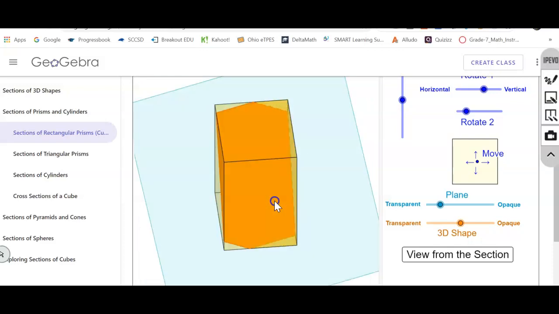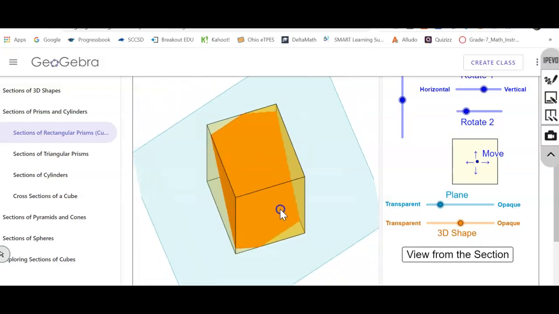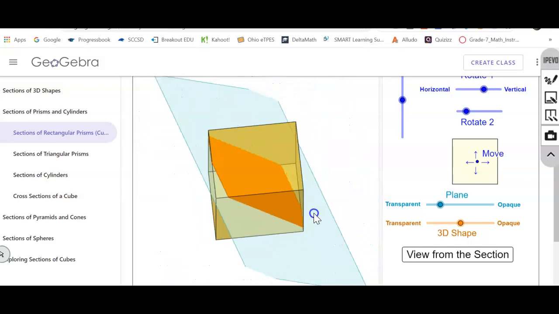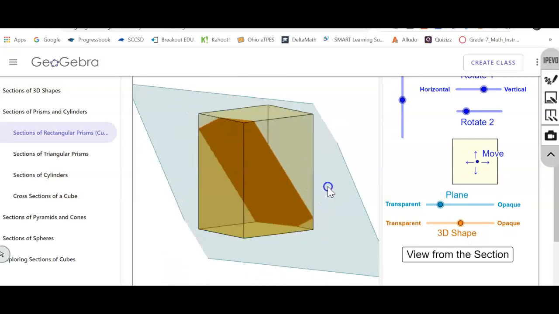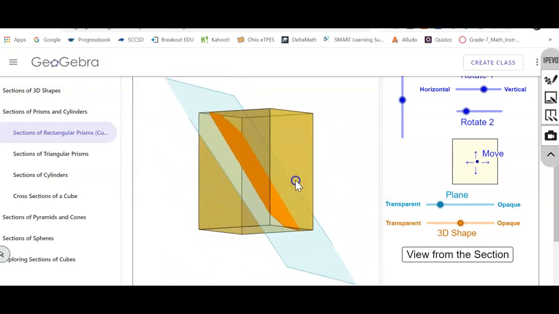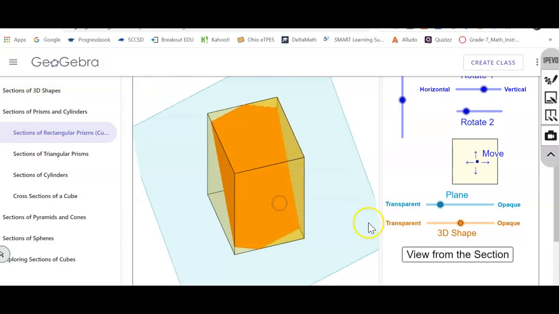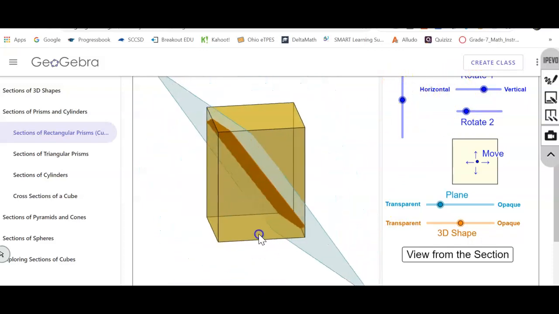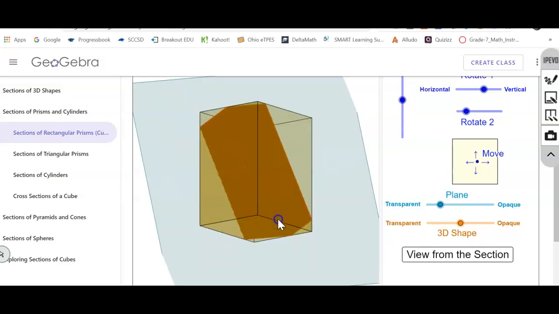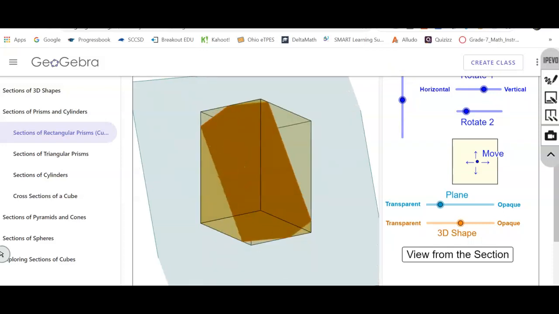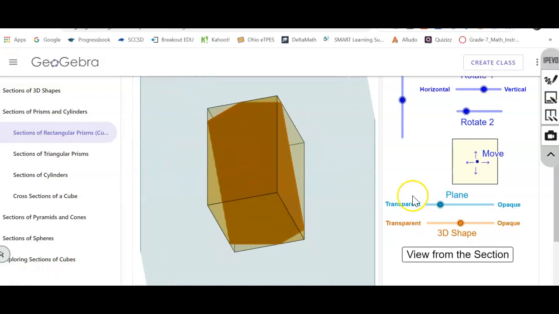All right. You guys get the challenge of trying to slice a triangle. Get a triangle slice. So you got to use these tools over here to try and spin your slice, your cross section, to get a triangle. Go. All right, so what I have to do is I have to move this.